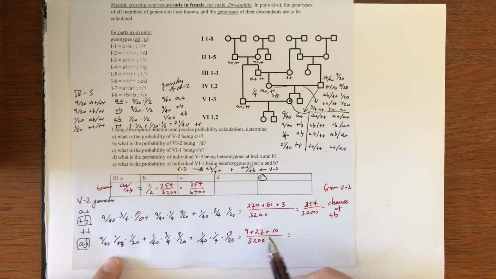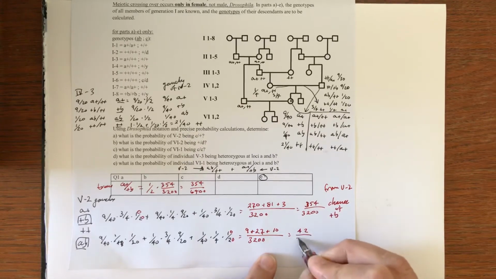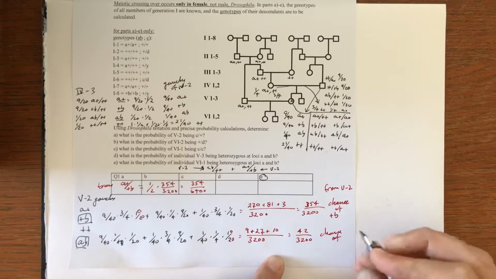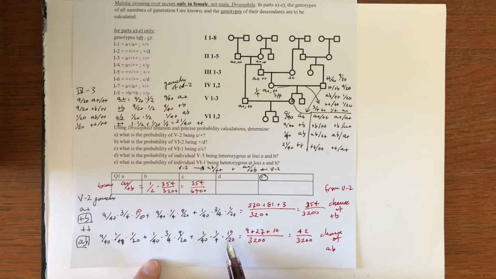So 9 plus 27 is going to be 32. This is going to be 42 over 300, and that's the chance of AB. So I'm a little confused, because when I did this before, I got 46. So I'm confused where I'm missing. I have 40, I have the 9 plus 1 plus 1, and then I have 27, 9, that's 32.